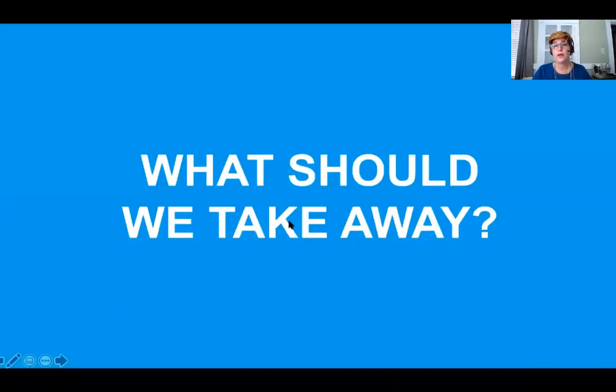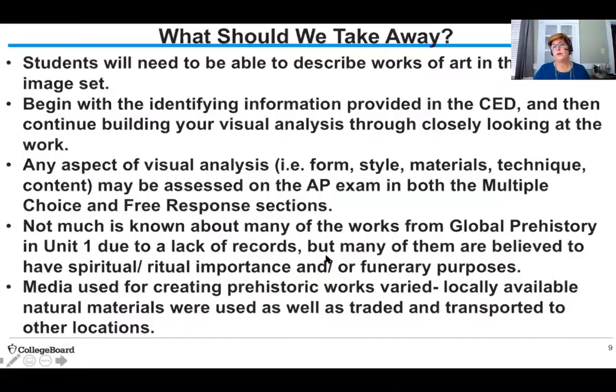So what do we take away? That you're going to need to be able to not only identify works of art, but describe them. And that's a little bit more sophisticated skill than that kind of intro level describe. Basically, what we've given you in the CED is identifying information. You're going to start there, though, because that's going to help you get some kind of idea about materials.